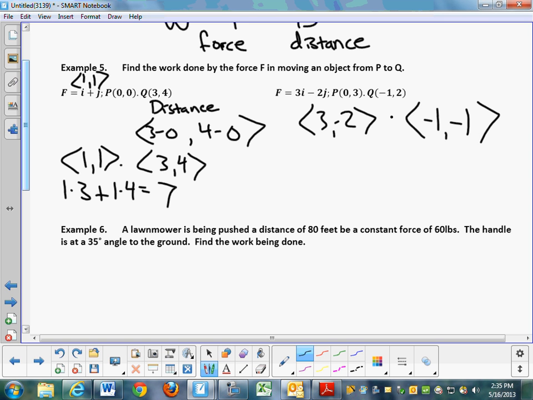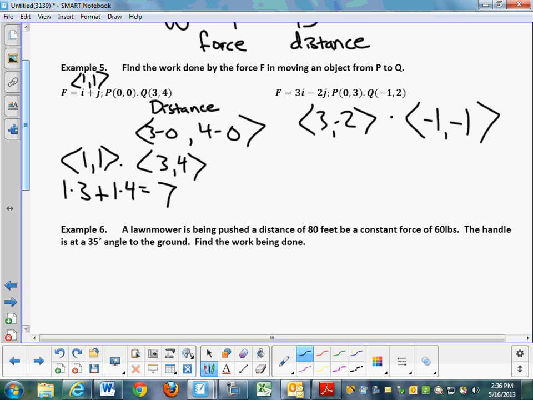Negative 1. You subtract them, right? So if you want to know the distance from P to Q, you'd subtract the x values, subtract the y values, and that will put it in component form. That's the distance in component form. Okay, that was one of the first things we learned.